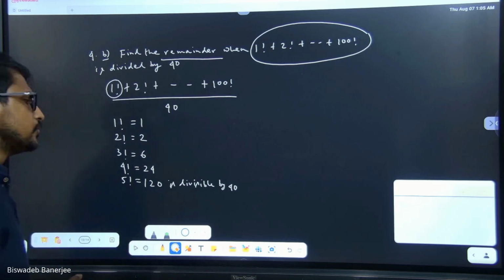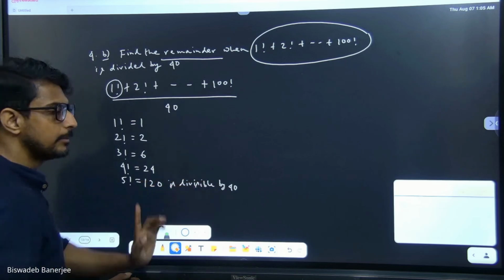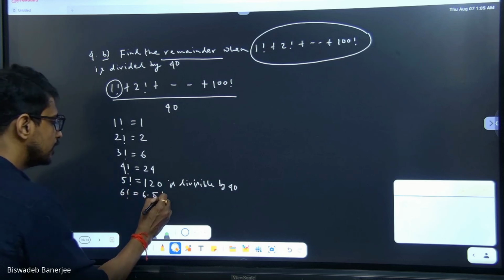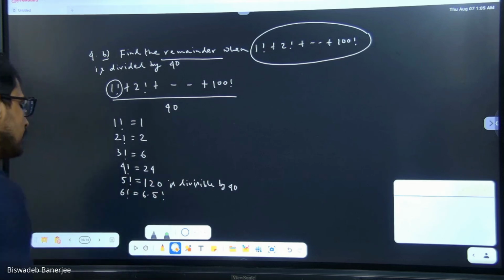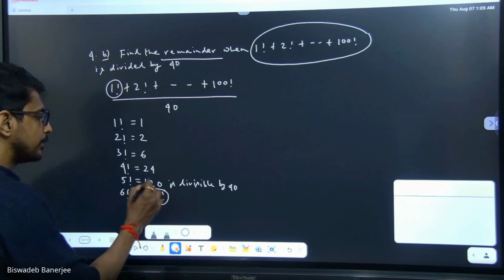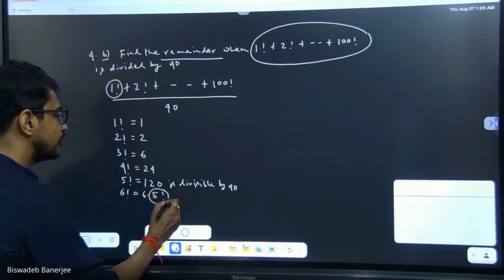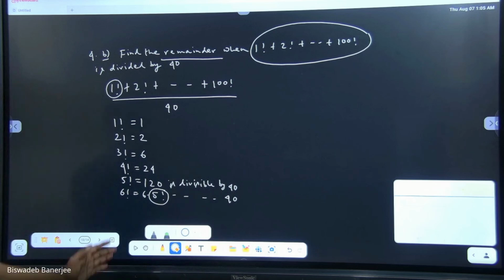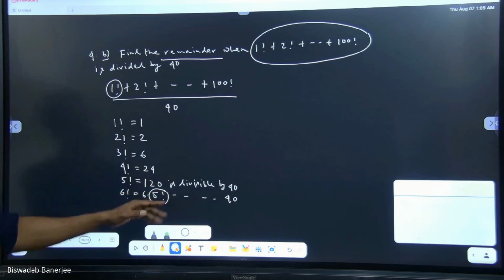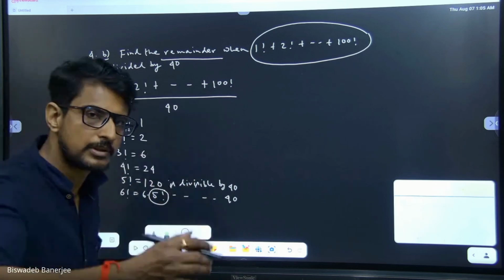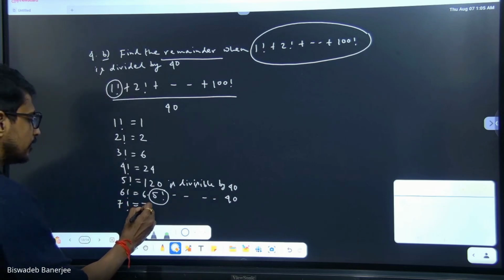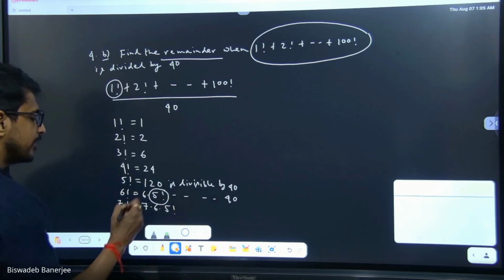Now, if 5 factorial is divisible by 40, then 6 factorial can be written as 6 into 5 factorial. And since 5 factorial is divisible by 40, 6 into 5 factorial is also divisible by 40. Similarly, 7 factorial is 7 into 6 into 5 factorial.